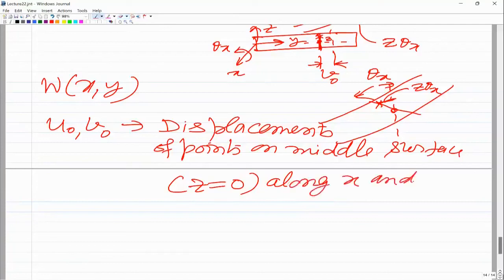So that means u naught is the displacement of any point on the middle surface of the plate along x. V naught is the displacement of any point on the middle surface, z equal to 0, along y.